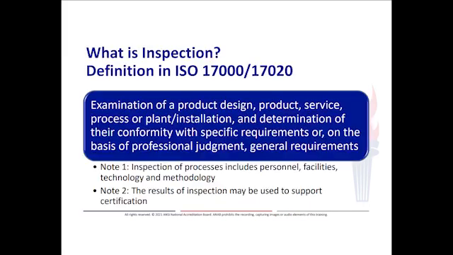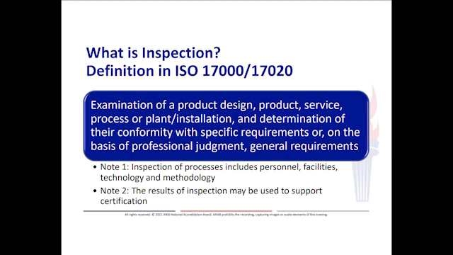So let's talk about this a little bit. Let's define what 17020 says is inspection. It's examination of a product design, the product, the service, the process or plant installation, and the determination of their conformity with specific requirements or on the basis of professional judgment, general requirements. So what the heck does that mean when you look at that?